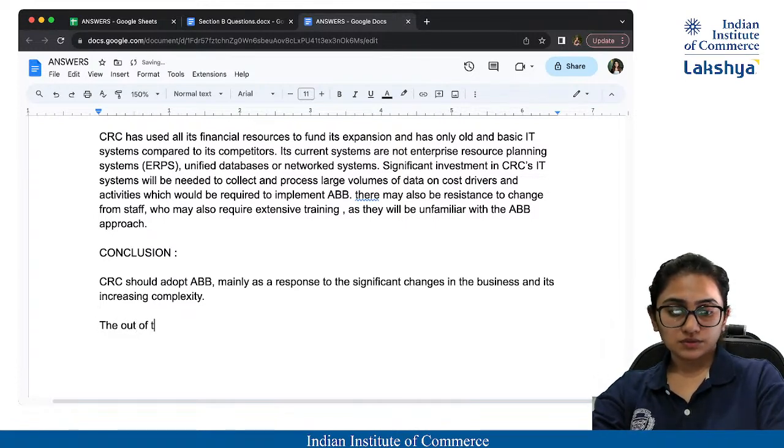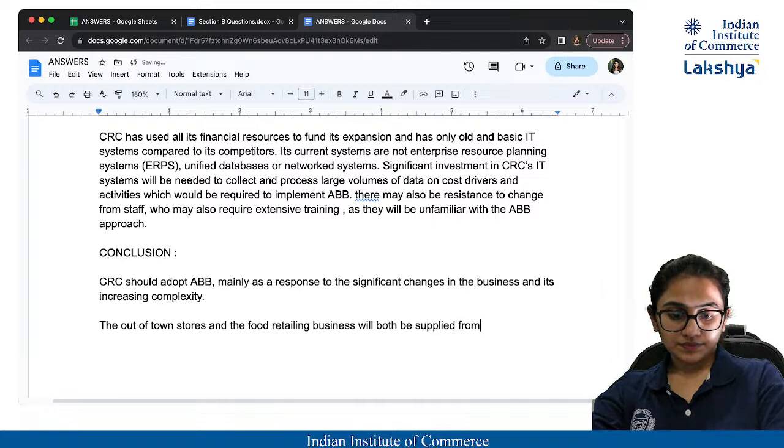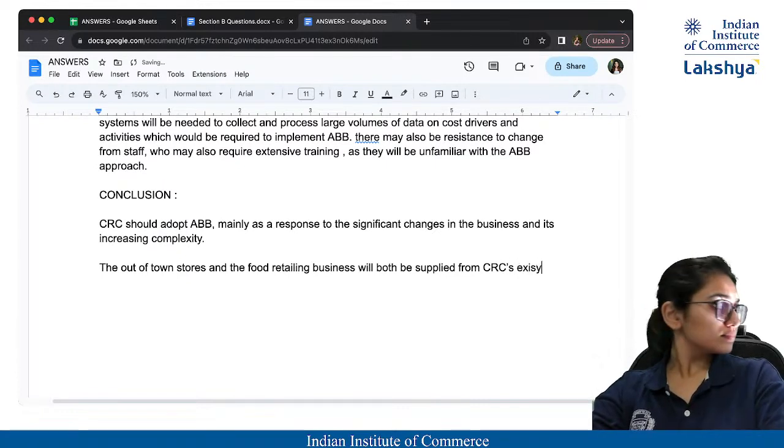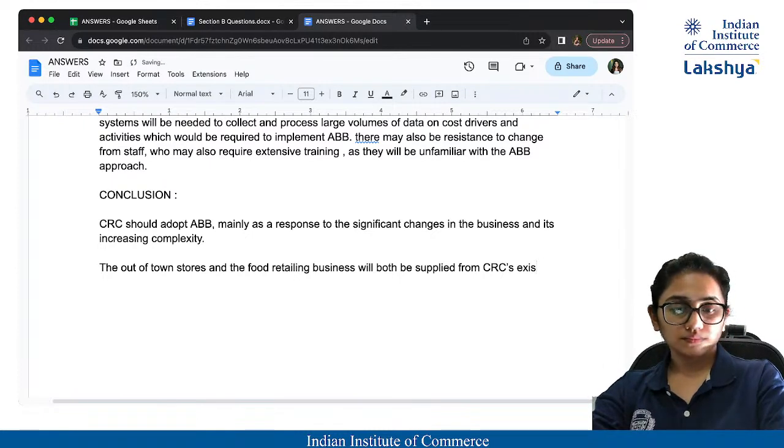The out of town stores and the food retailing business will both be supplied from CRC's existing central warehouse.